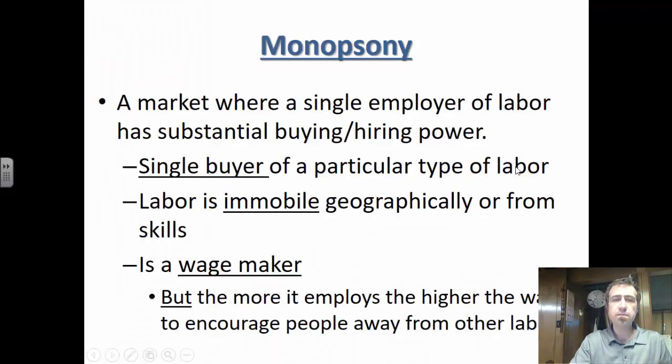Okay, so now on the other spectrum, there's the monopsony. The other part of the labor market is the monopsony. And it's a single buyer, so that the only person hiring this specific type of labor is immobile geographically. So currently I could go get a job in Platteville, Wisconsin, or Dubuque, right?